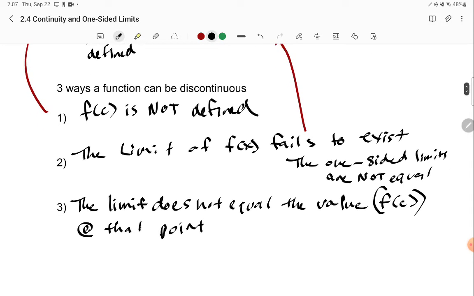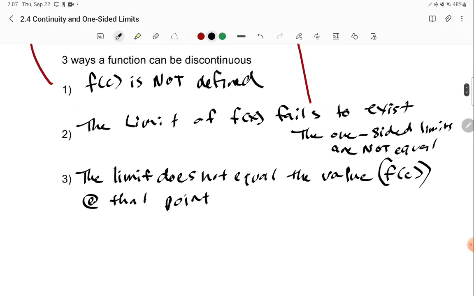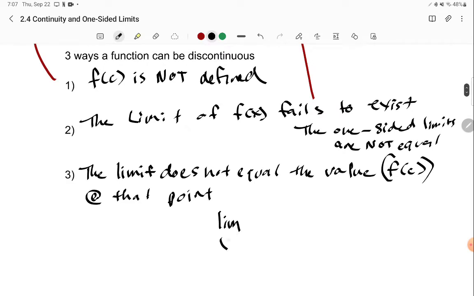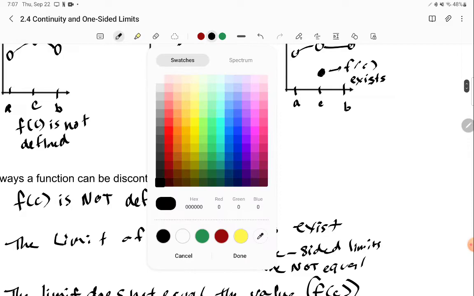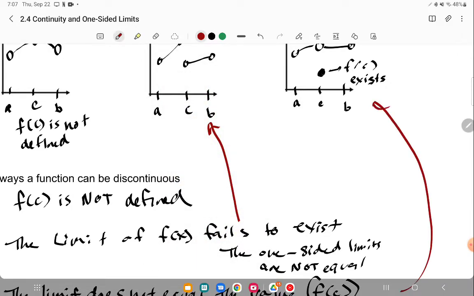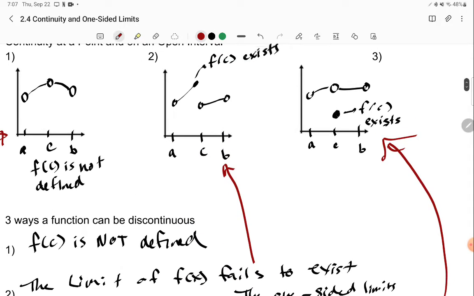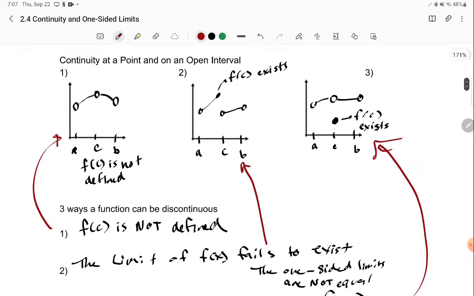The limit as x approaches C does not equal the value at that point. So that's the third way, and again, that's this third option down here. That's the third way that a limit could fail to exist.